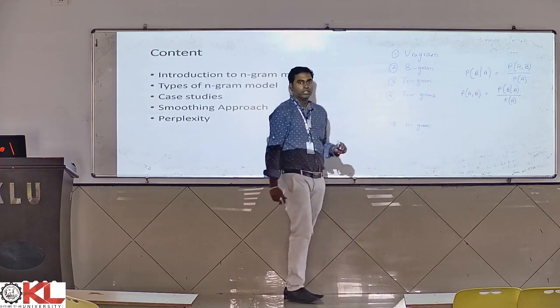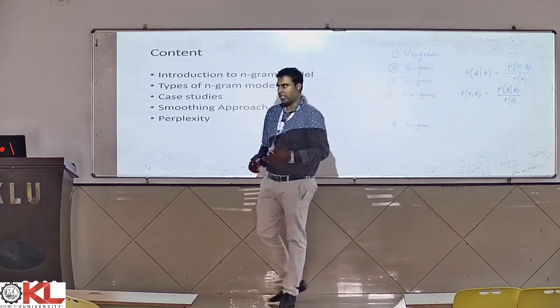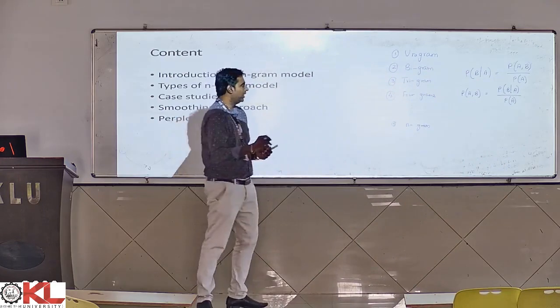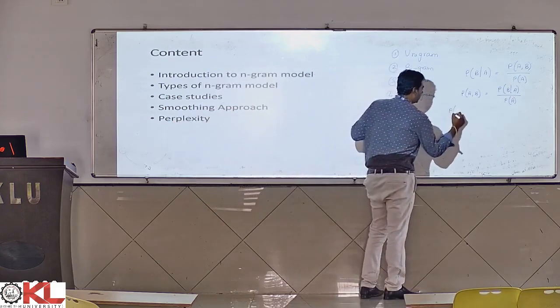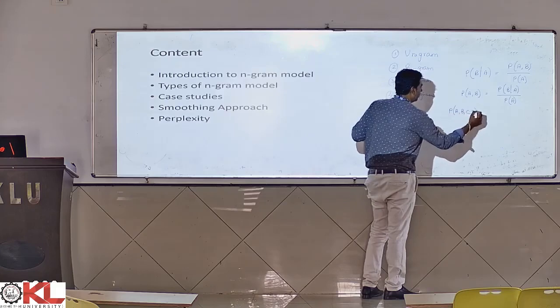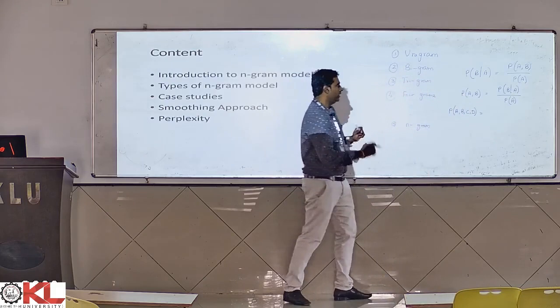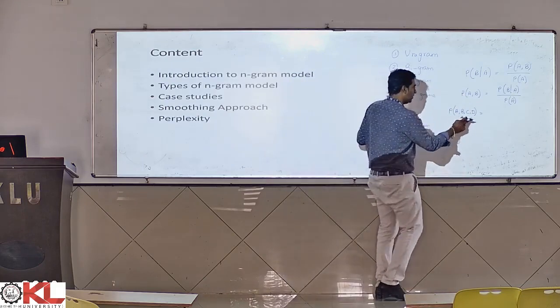This is for two words. Suppose multiple words are given, say 4 words. How can we rewrite this? It will be written as P of A, B, C, D. The probability of occurrence of the 4 words is equal to, now I am applying the chain rule. What is the chain rule?